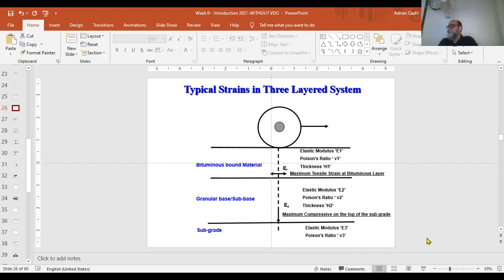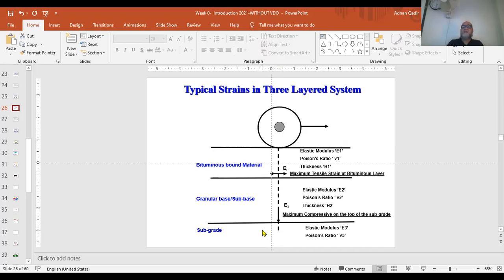So for fatigue, you measure the strain at the bottom of the bituminous bound material, and this is a tensile strain, maximum tensile strain. And at the top of the subgrade, you measure a compressive strain that is vertical in direction.